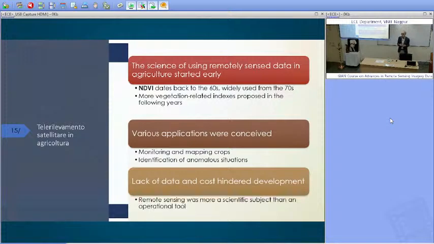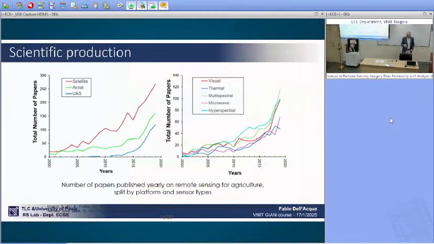Okay, so now we can start working on remote sensing in agricultural contexts. The graphs that you see here represent the number of papers that are published with subjects in agriculture, broken down by type of platform.